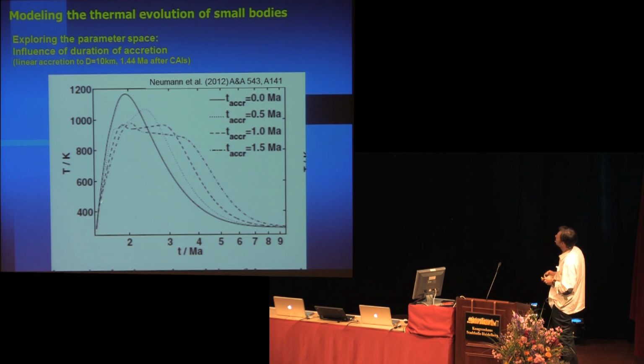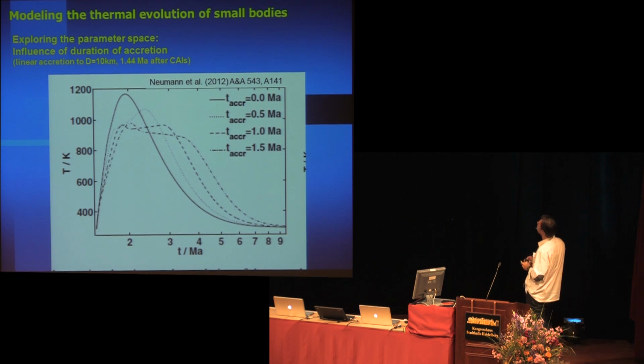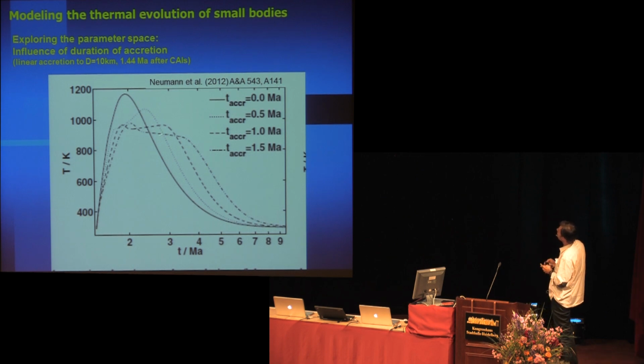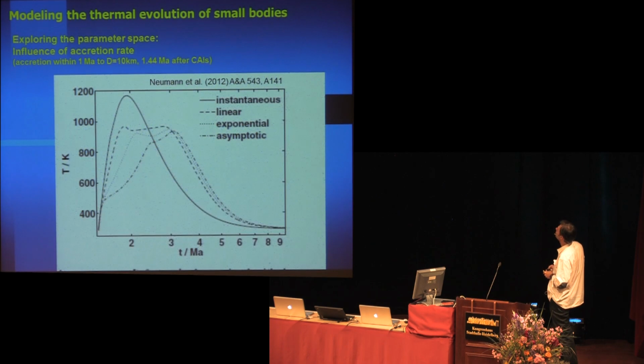And you see that while this is instantaneous accretion, the central temperature will be much higher after a given point of time than in the case of delayed accretion. This is because, of course, the level of aluminum-26 is smaller when late accreting material accretes to the forming planetesimals. But it stays hot for a significantly longer time.